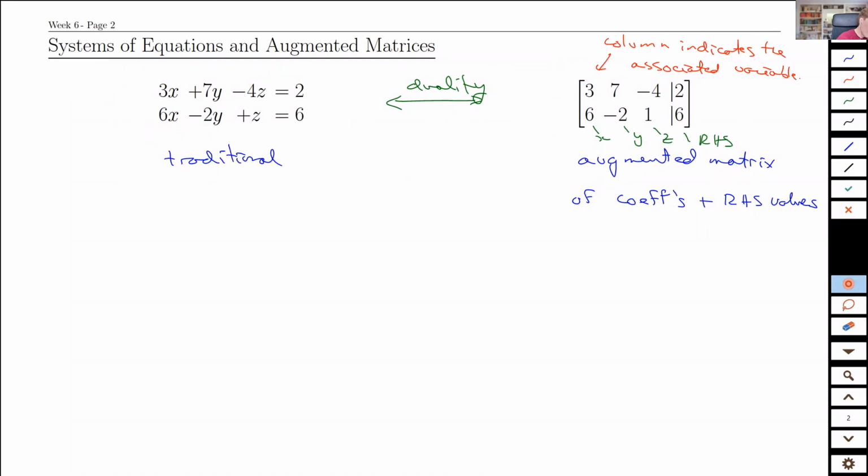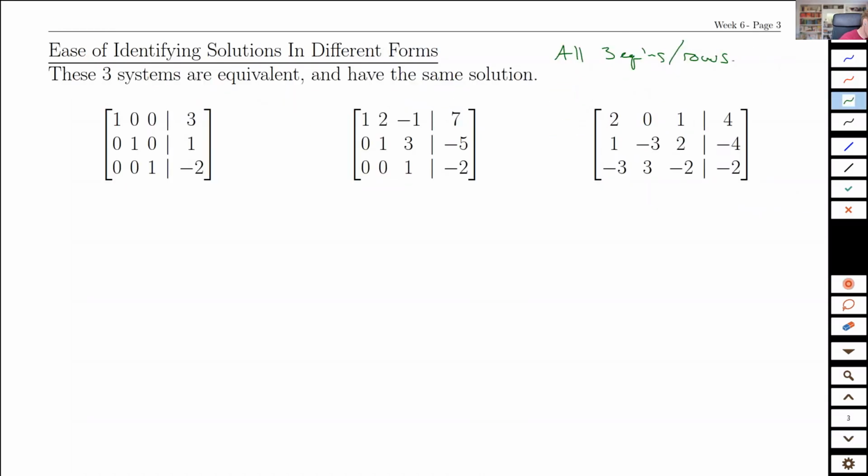We got two rows, and these all have three variables, and that's three columns to the left of the vertical line. We have three rows and three columns before the vertical line, and each one of these is associated with a variable.